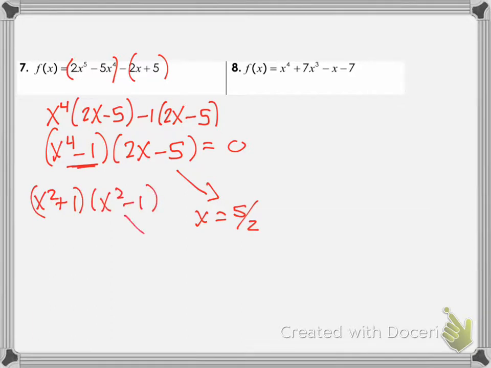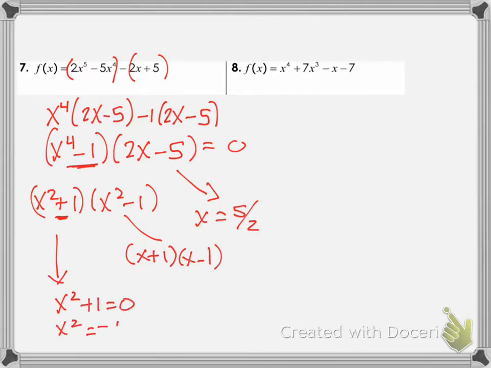We can still go, this one is x plus 1, x minus 1. But this is not a difference of squares because it has a plus, so we have to just use our square roots, x squared plus 1 equals 0. So x squared equals negative 1. So take the square root of both sides, and you get x equals plus or minus i square root of 1, or plus or minus i.